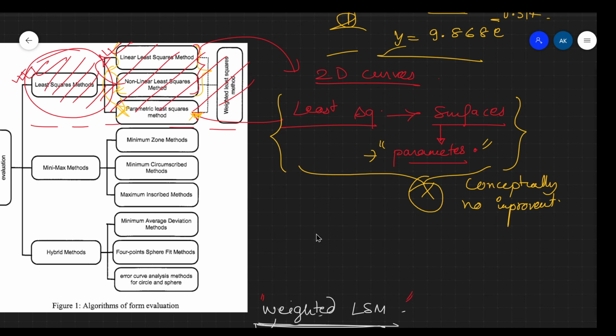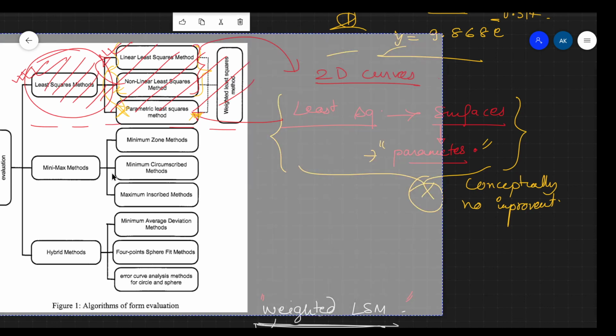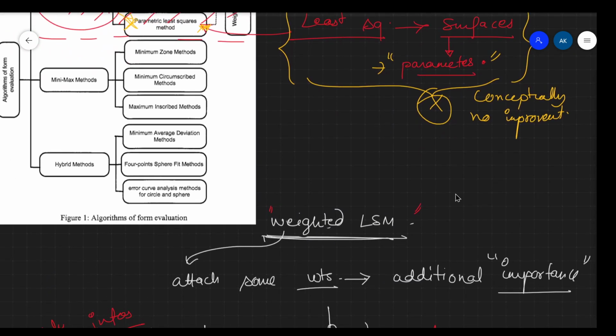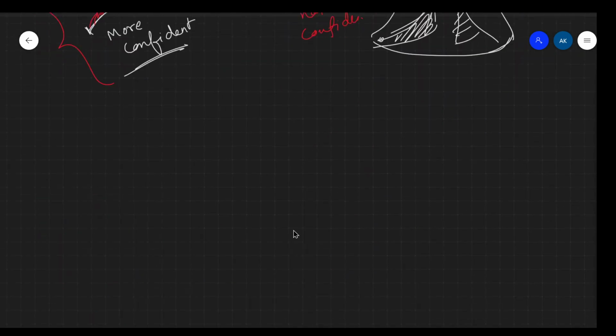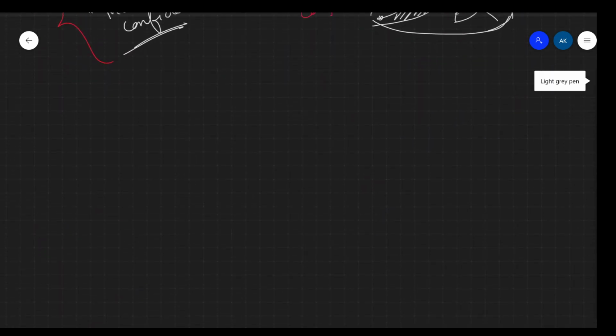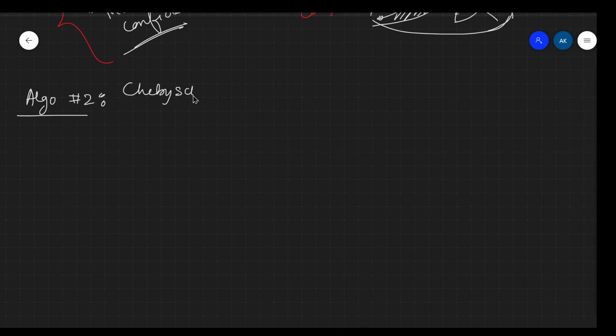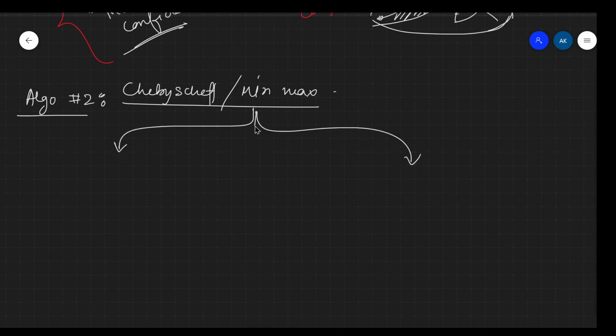Now, we will study other methodologies and algorithms. Algo number two is Chebyshev, or min-max. In Chebyshev or min-max, you have three different things, as the name suggests.